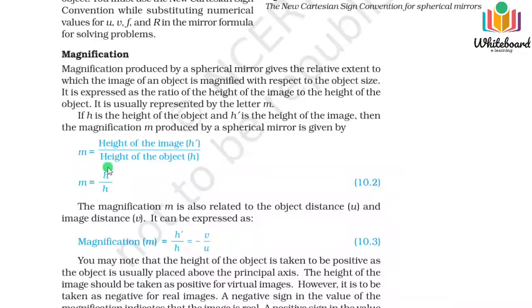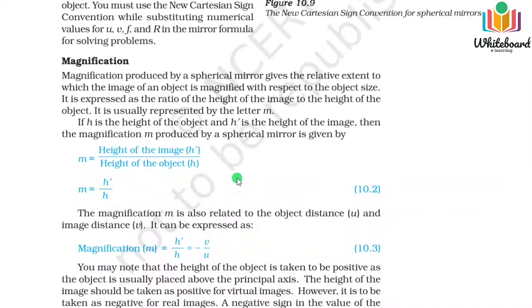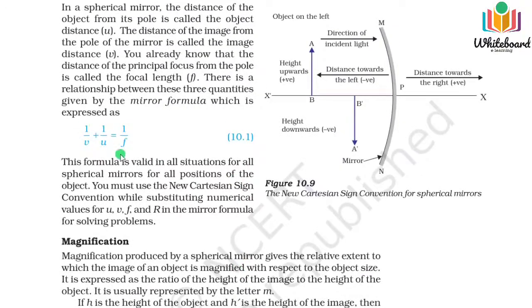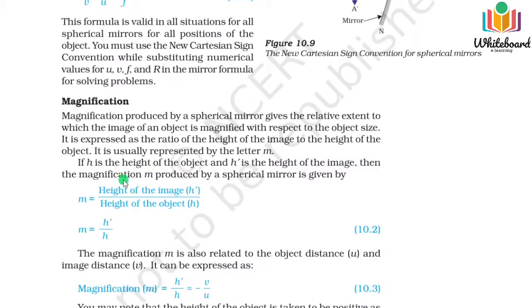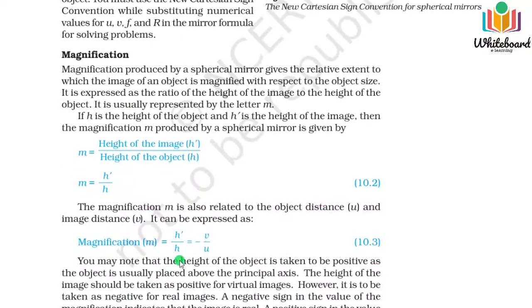and this formula can also be written as minus v by u for the case of a mirror. The mirror formula is 1 by v plus 1 by u is equal to 1 by f. This formula is applicable for all mirrors, concave and convex. For the mirror formula the magnification can also be written as minus v by u.